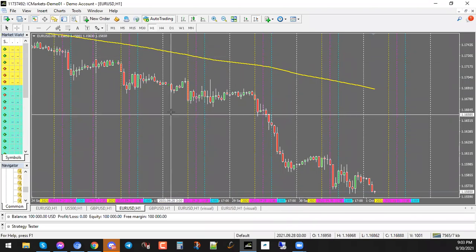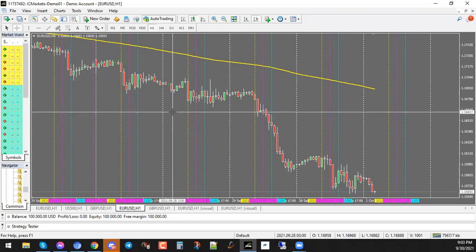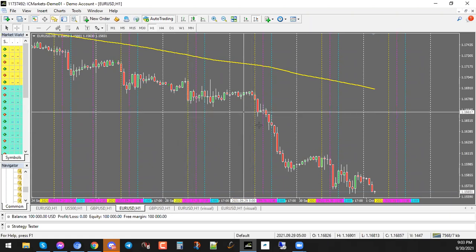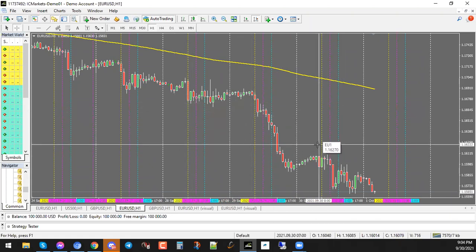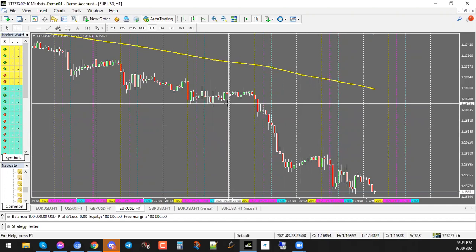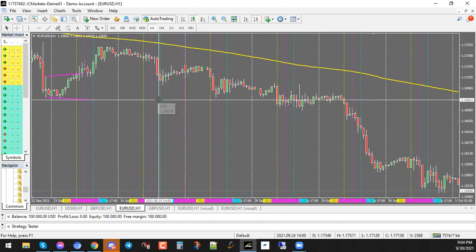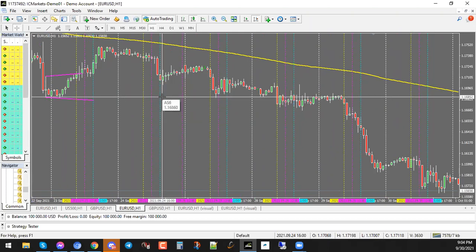Okay, so let's see if we can identify some leading patterns or some ending patterns. Let me just browse through the price here to see if I can identify some. Are you guys familiar with the 12-12 method? If you're familiar with the 12-12 method, just type 12 in the chat box.